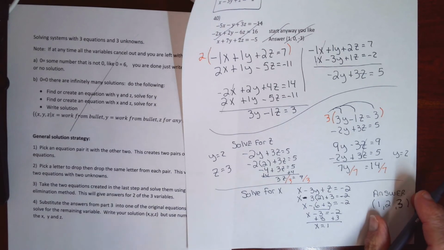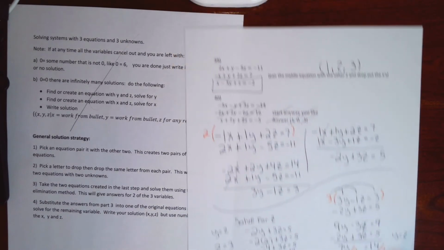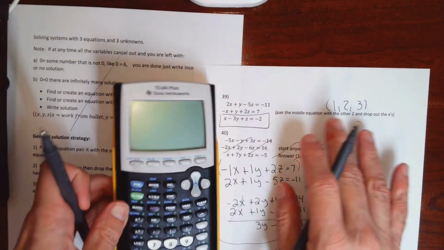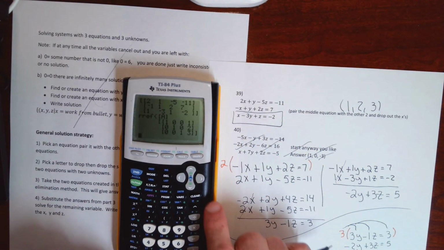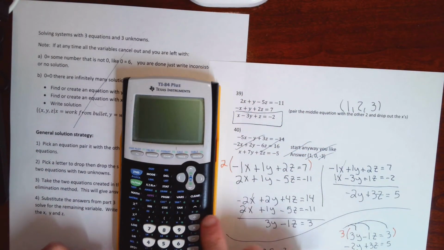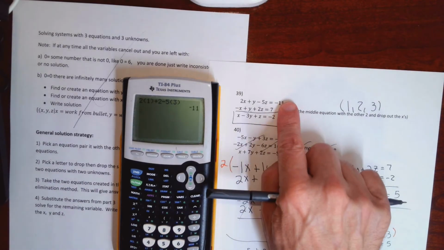And of course I could check. How do I check? I would go to the top equation, plug in 1 for x, 2 for y, and 3 for z. So let me do 2 times 1 for x plus 2 for y minus 5 times 3 for z. And I got negative 11, perfect.